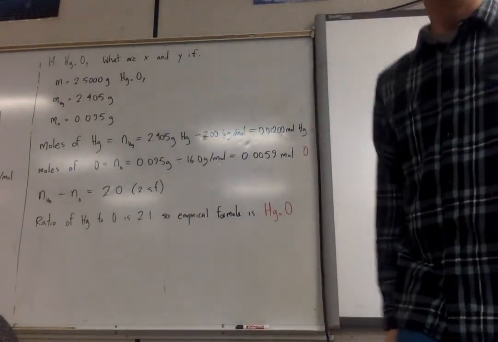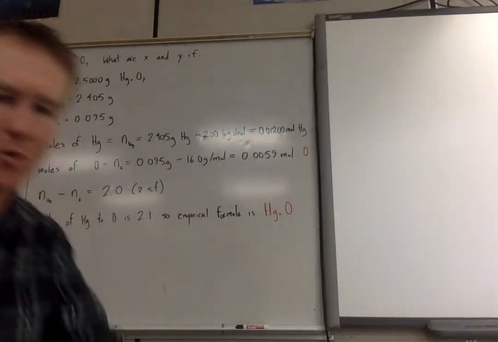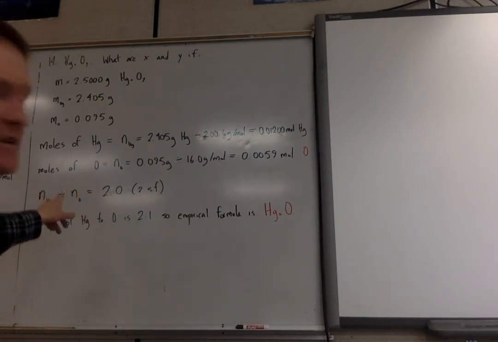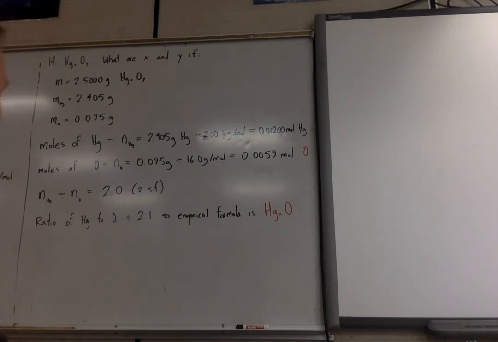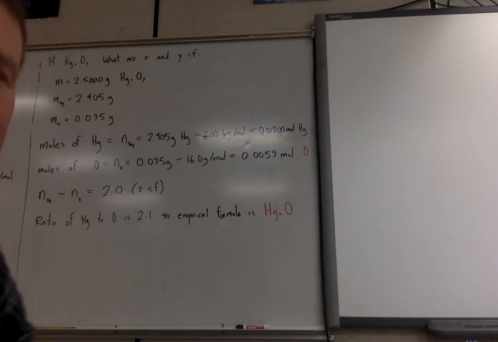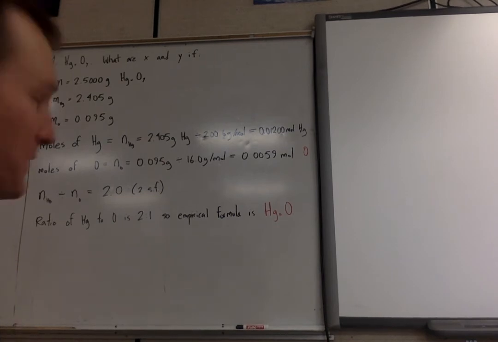Now we divide. We take the big number, moles of mercury, and we put it on the top when we divide with the smaller number on the bottom. Moles of mercury divided by moles of oxygen. Well, 0.012 divided by 0.0059 is approximately 2. Taken to two significant digits, it's 2.0 with two significant figures.